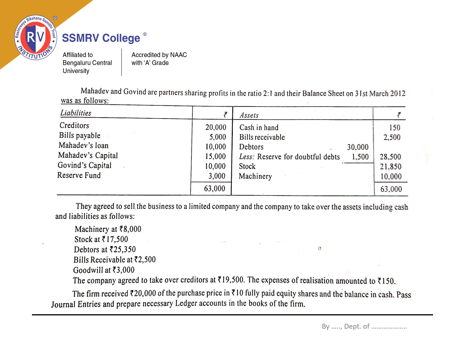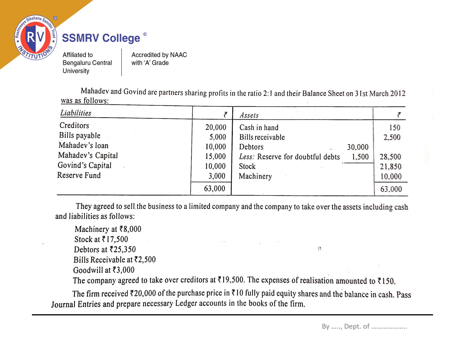So what do we understand from this given problem is that Mahadev and Govind are partners in a partnership firm. So the partnership firm is taken over by a limited company. So this partnership firm is selling its business to a limited company.